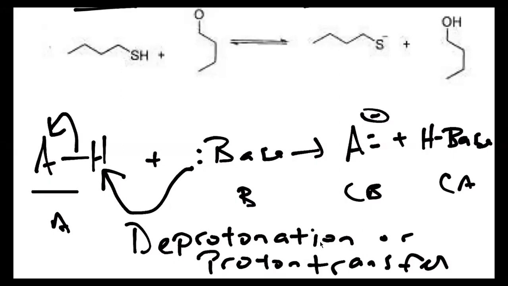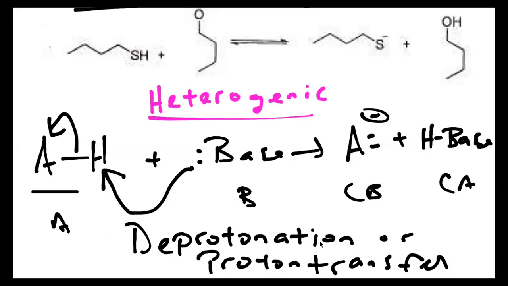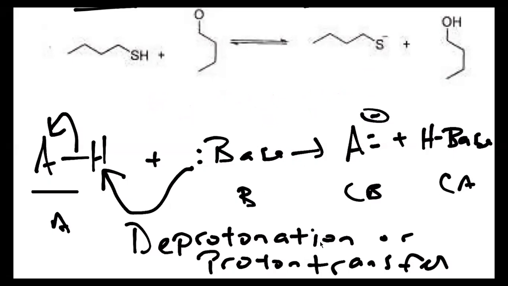Let me sneak another term in here too. The term is heterogenic. That's how this bond is made. It's two electrons. Let me go underneath here.